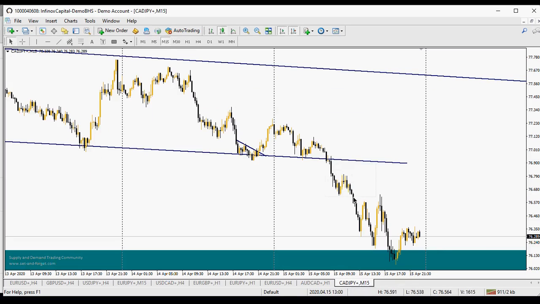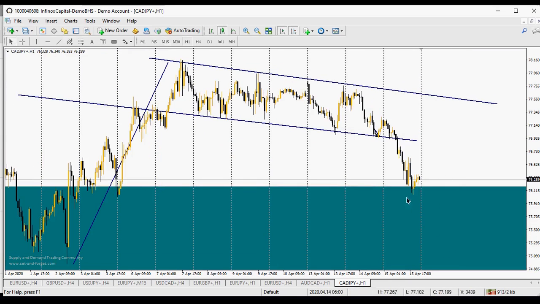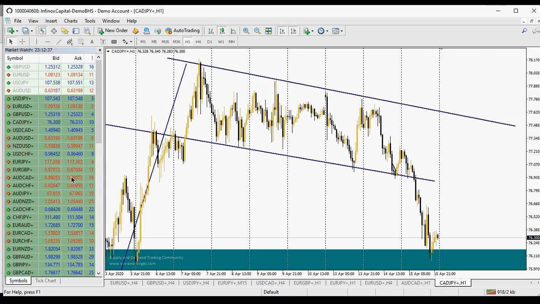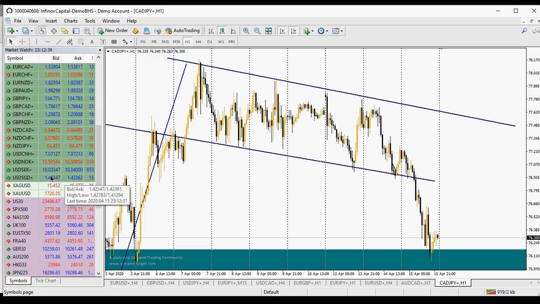See what happened right now. The market just tanked on CAD/JPY. Throughout today, it just started tanking because oil was dropping. Once oil is dropping, I can bring up the oil. This broker has oil here, so let me just bring up the oil on this chart.